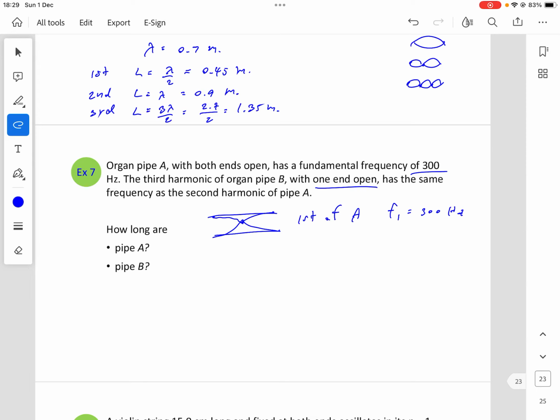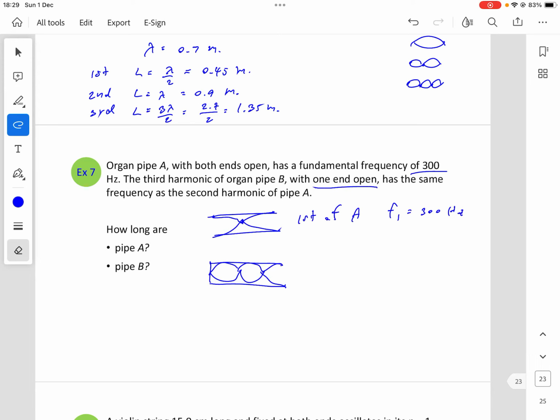And pipe B, the third harmonic of pipe B, for the one closed end or one end open, should be something like this, right? Because the first harmonic should have only this part. Sorry, I'm wrong.